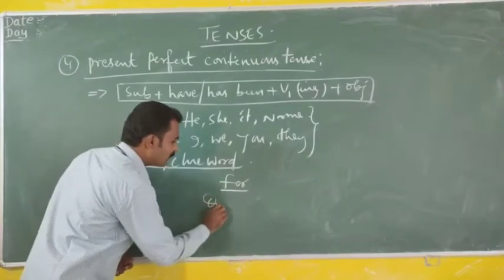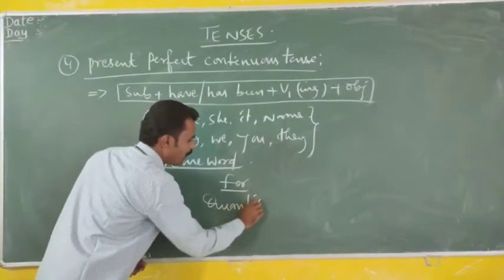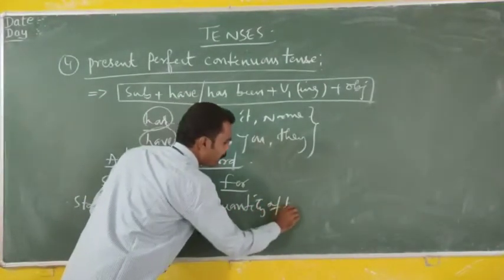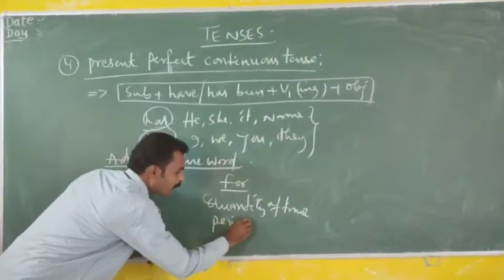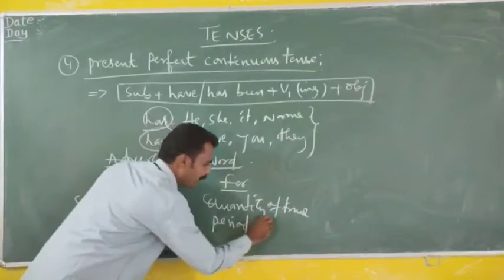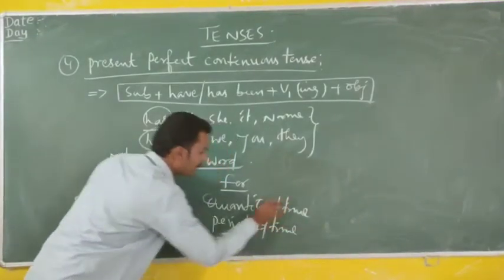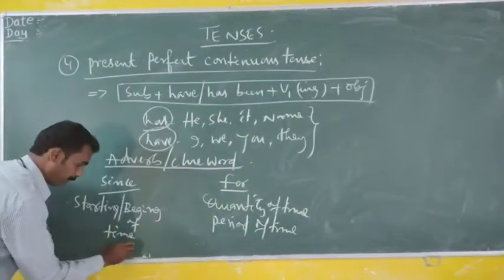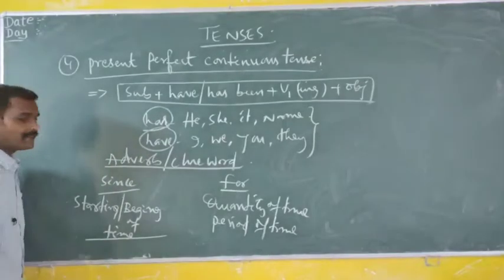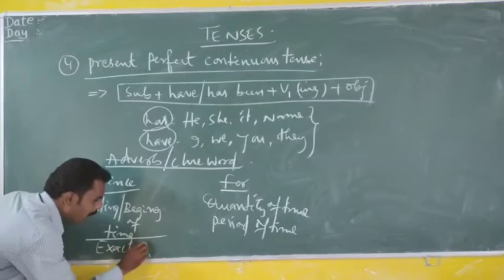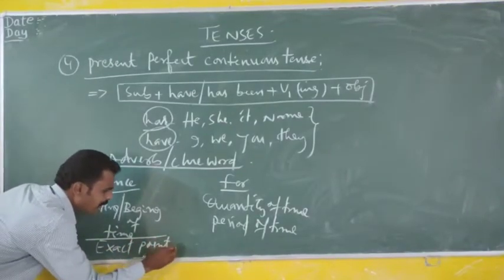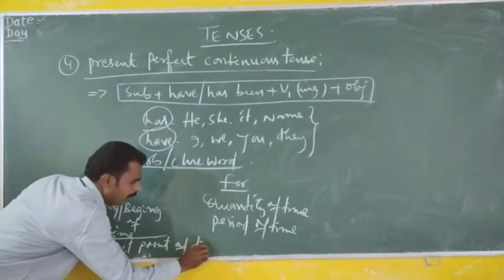Quantity of time, which we also call period of time. Since is also called exact point of time.